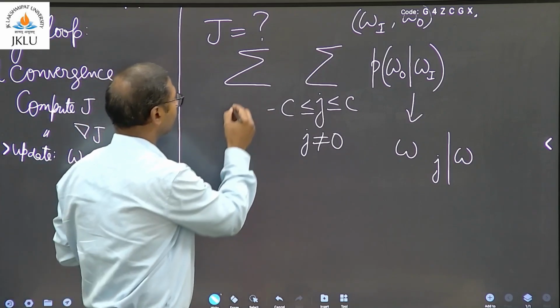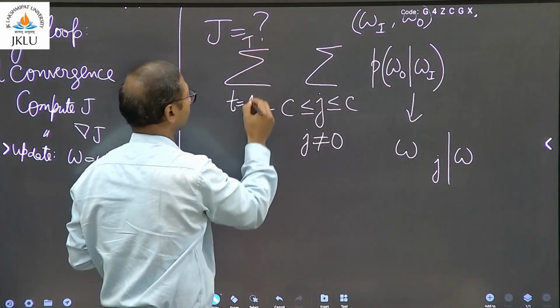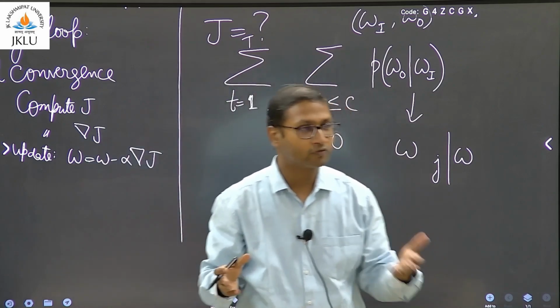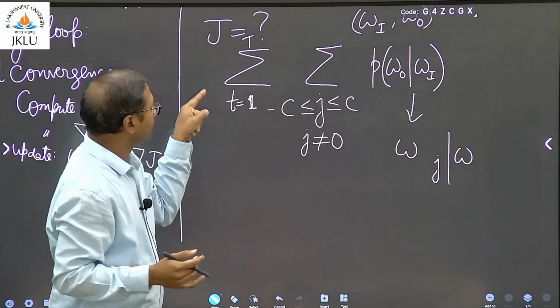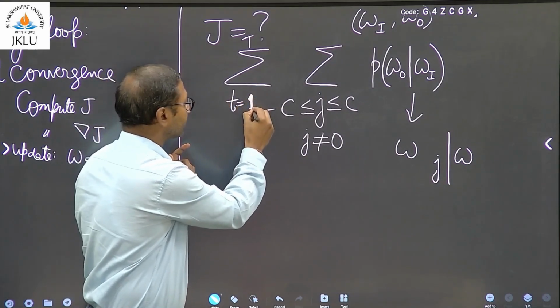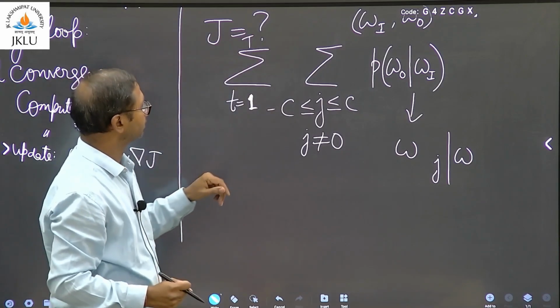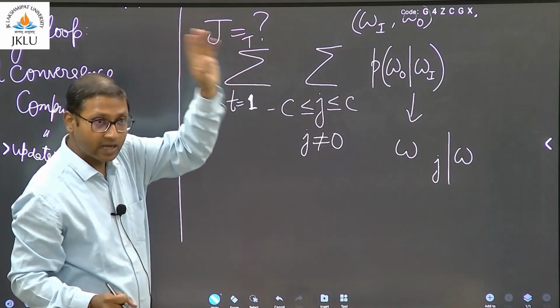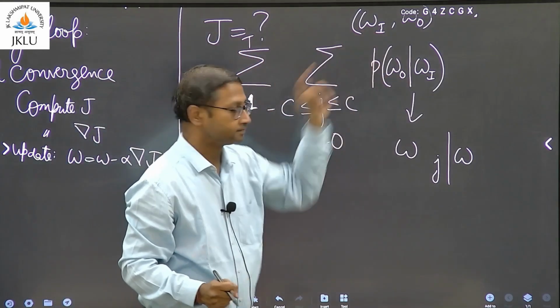That goes from t equal to 1, the first word, to capital T. What is capital T? Number of words in the corpus. So I start from the first word in the corpus, I go all the way until the last word. For every T I do this whole thing.